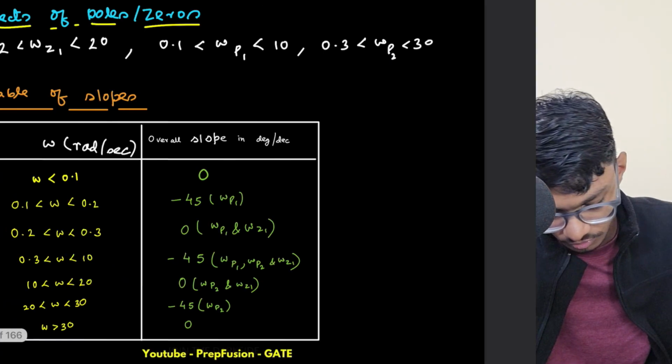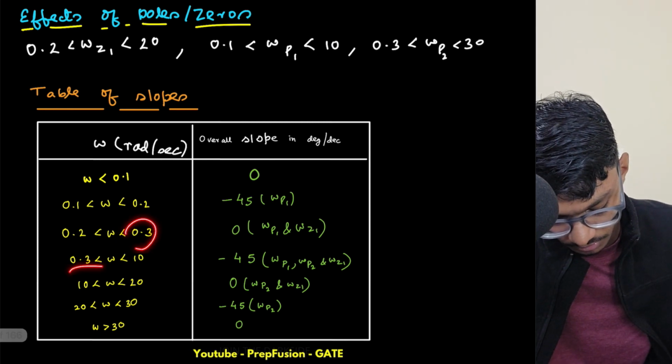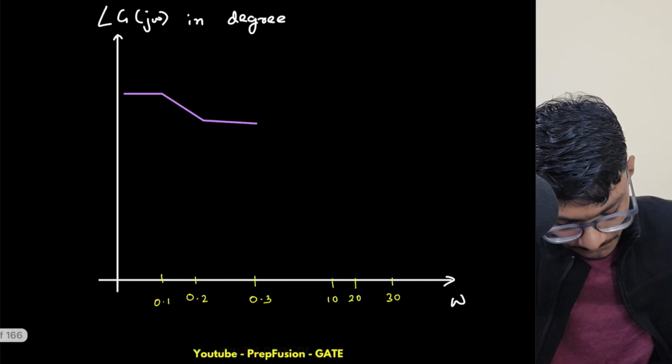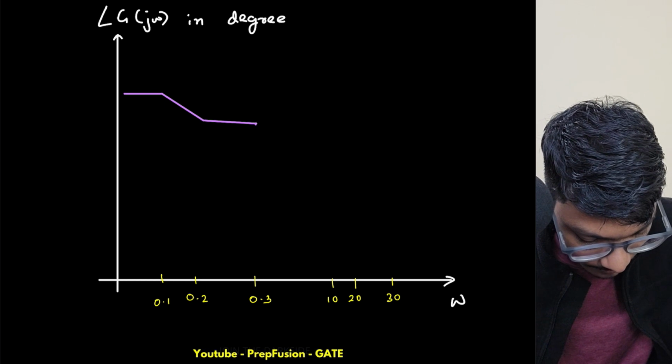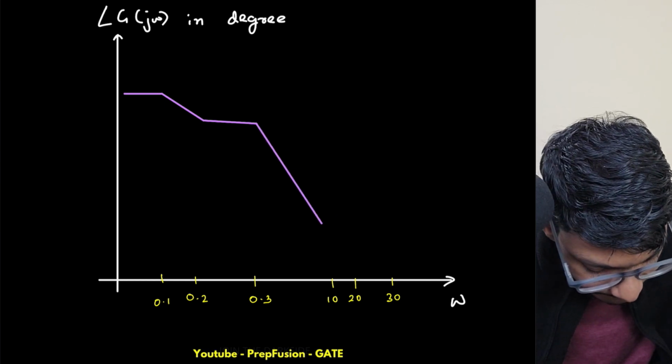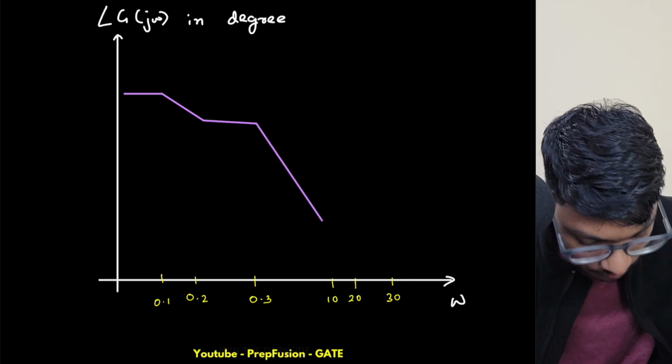From 0.3 to 10 I have a slope of minus 45.